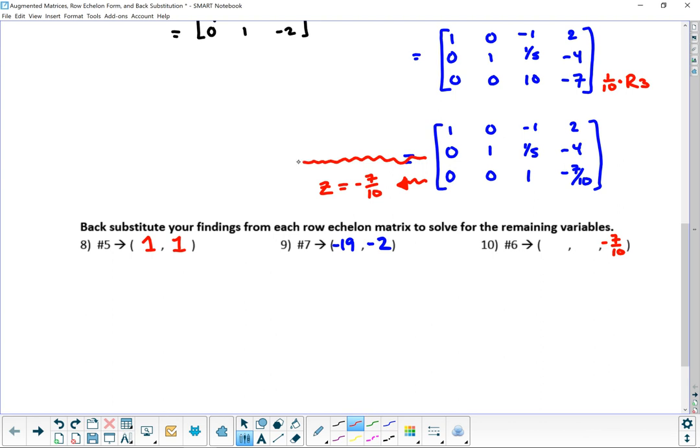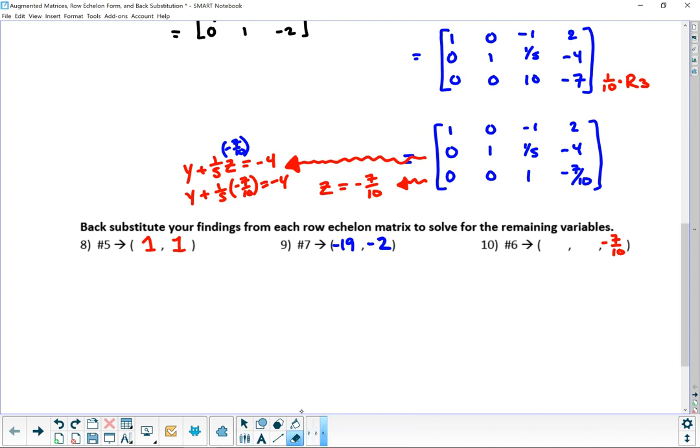And this answer is going to be y plus 1/5 z equals negative 4. And we know z is negative 7 out of 10. So we actually have y plus 1/5 times negative 7 out of 10 equals negative 4.